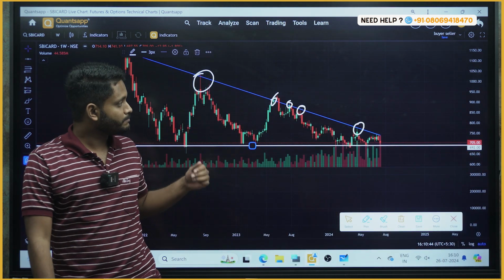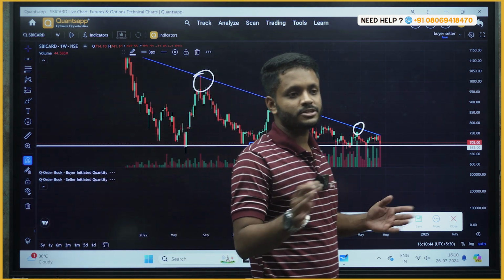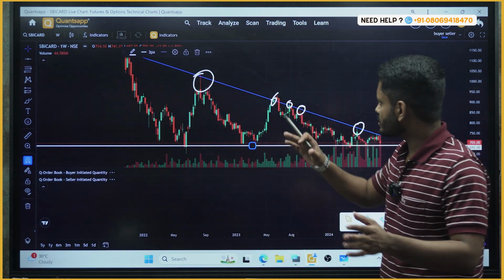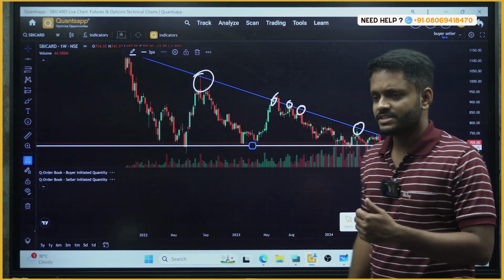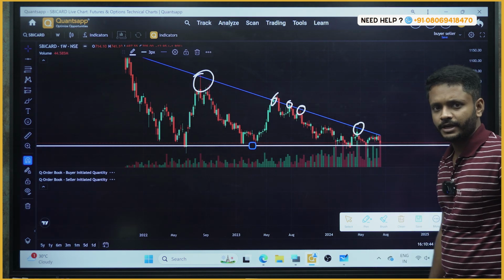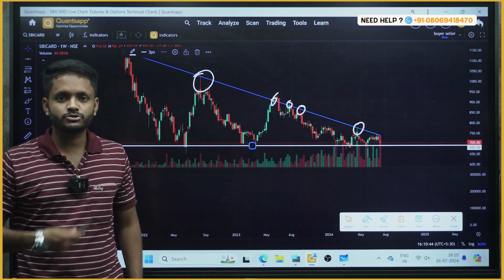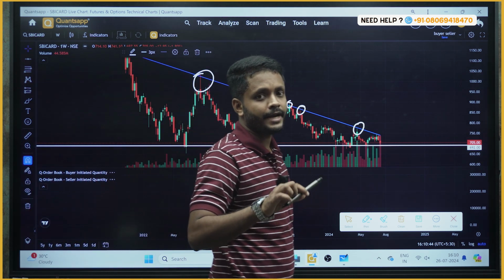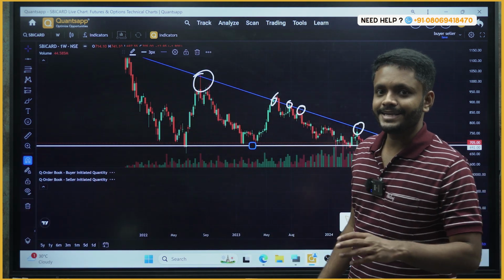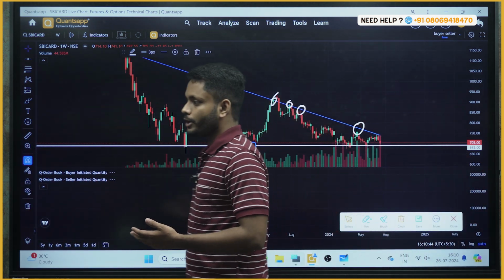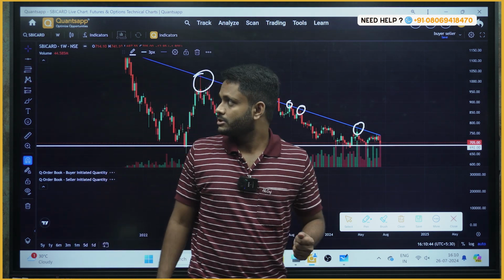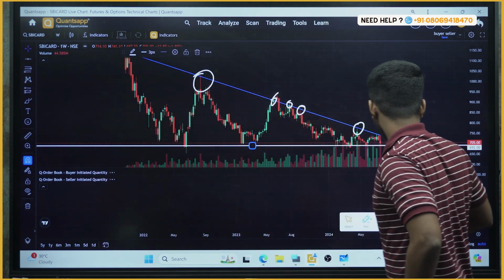But who makes money in this kind of stock? Whenever the stock trades sideways, or whenever a sideways pattern is being formed, who usually makes money? The call writers, correct? So how to approach this kind of market, and what would be an ideal strategy that we can deploy to make money? Okay, so let's go and check it out.